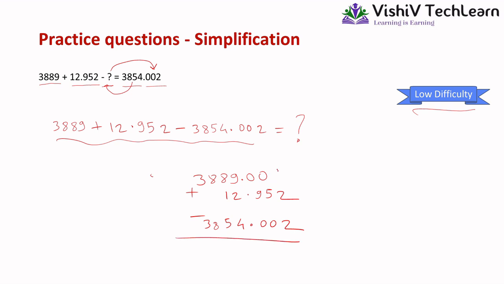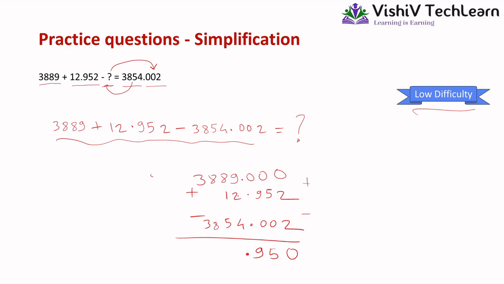Now addition of these two, here we can have three figures after the decimal. Addition of these two and then subtraction of this. So 0 plus 2 is 2, 2 minus 2 is 0. So 0 will be here. 0 plus 5, 5, 5 minus 0 will be 5, and then the decimal as it is.